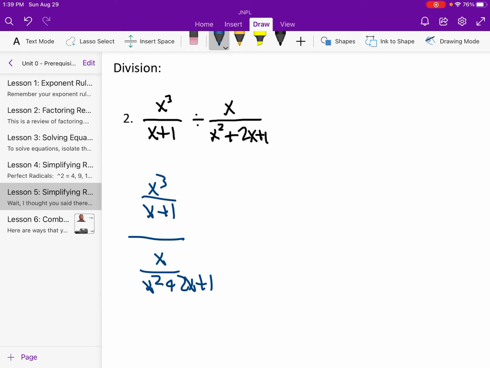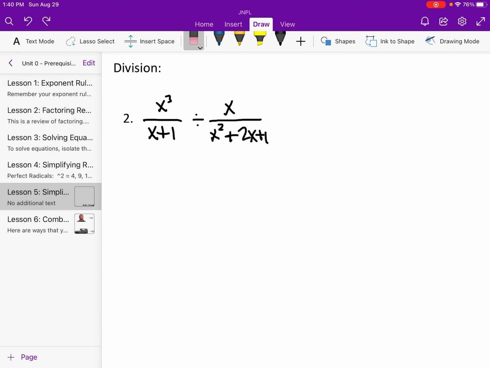That looks very crazy, and what you can do is just make it into this form, because this just means divided by. But what we have to do is, well, we know when we're dividing fractions, you might have learned this stay, change, flip. So keep this the same, change the sign to multiplication, flip that fraction over, which is just a rule, reciprocal rule. So that's what we're going to do.